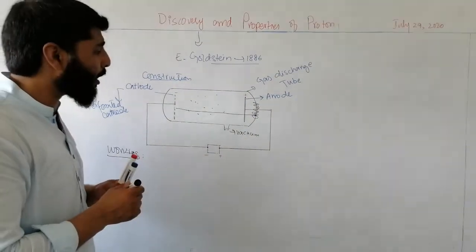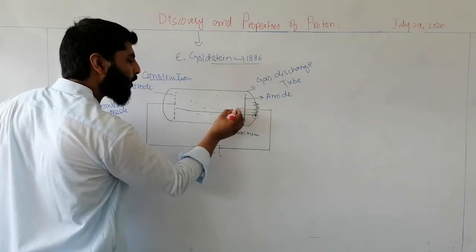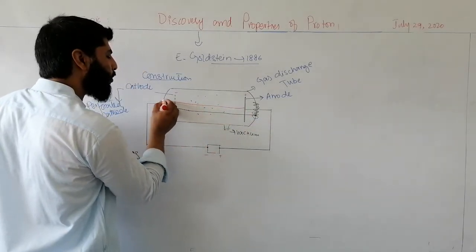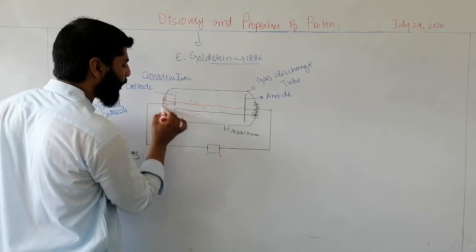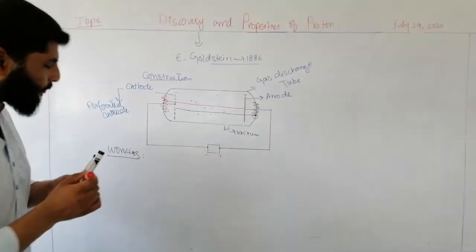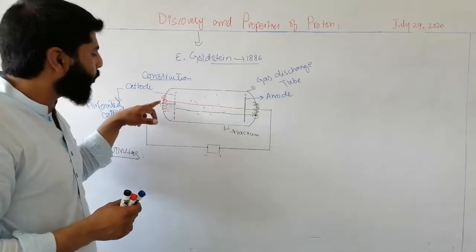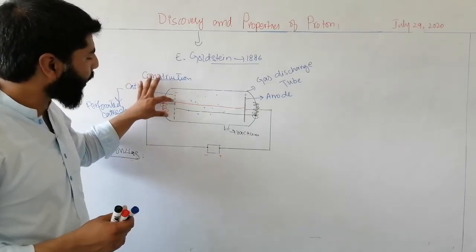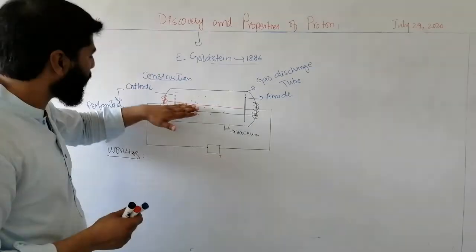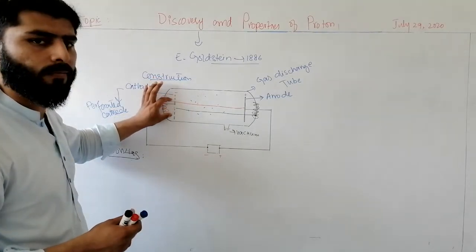Meanwhile, he also observed a glow in the direction opposite to the anode, towards the side of the cathode. These glows were produced and traveled through these perforations.